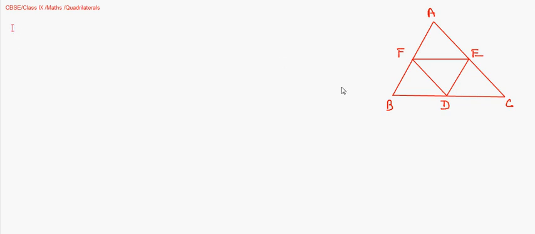The question says D, E, F are the midpoints of BC, AC and AB respectively of an equilateral triangle ABC.